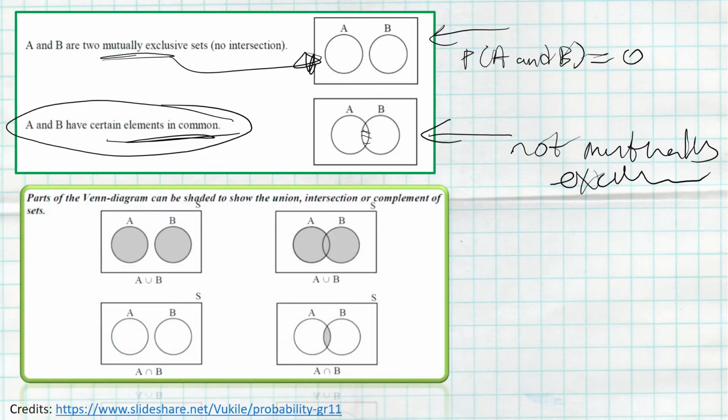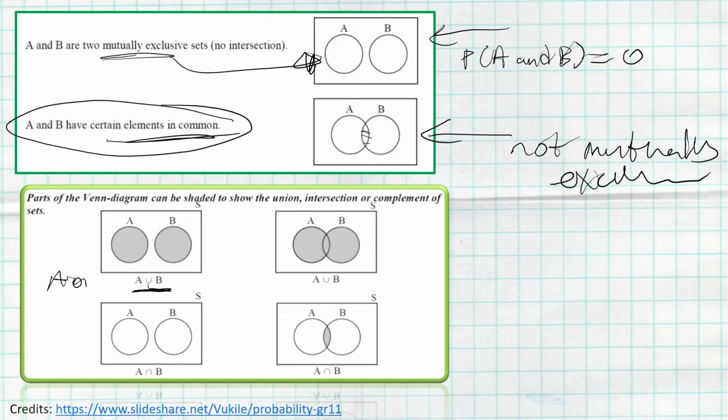Parts of the Venn diagram can be shaded to show the union, intersection, or complement sets. As you can see, if you need the outcome for A or B, A union B is the same as what?